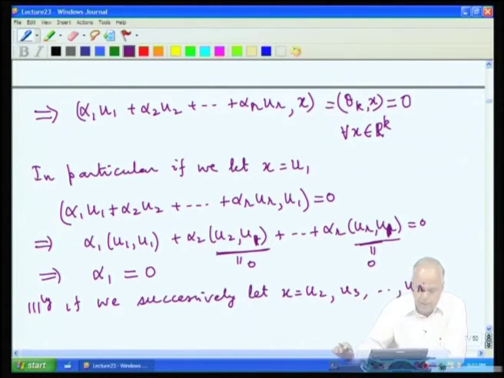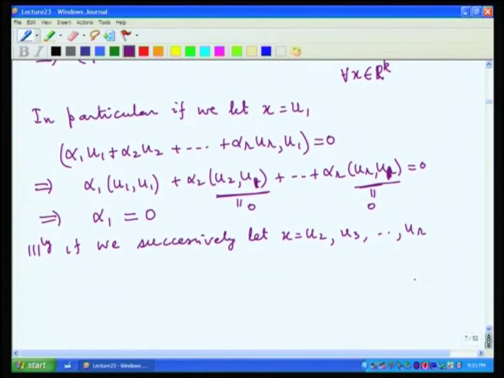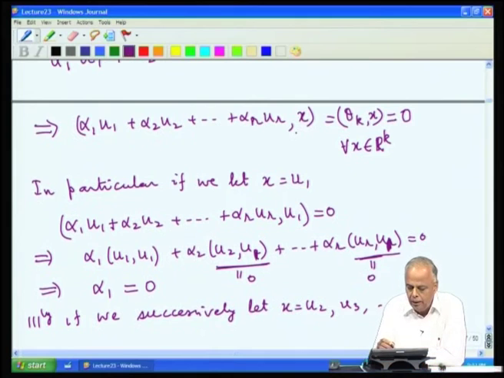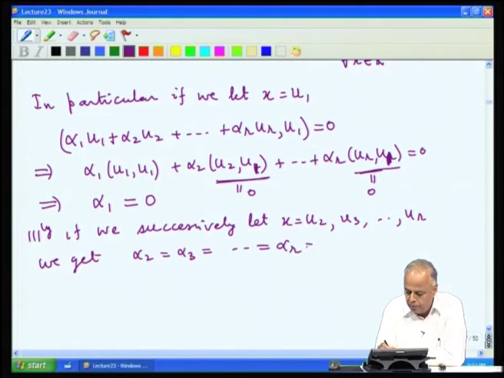When I let x equal u1, I got alpha 1 as 0. If I let x equal u2, I get alpha 2 equal to 0, and so on. We get alpha 1 equal to alpha 2 equal to alpha r equal to 0.